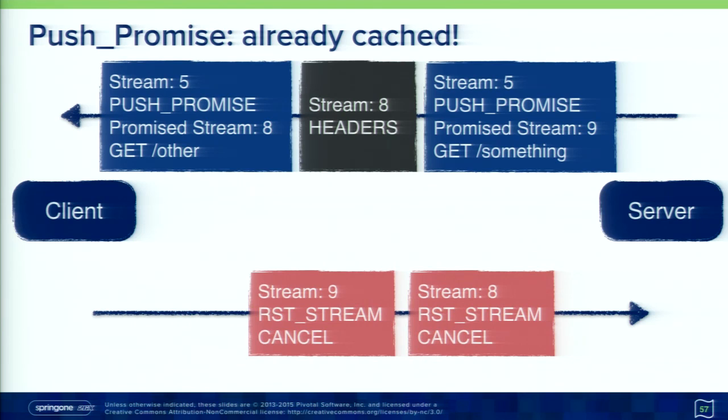And when the client receives that, the only thing the client can do is send a reset stream frame saying, no, don't send this, I already have it, or I don't need this. That may seem okay, but now think about it if you're sending tens and tens of resources whenever you're loading a page. It's not really efficient, using your link just to send resources that are not really useful for the client, and the client has to use CPU to just say, no, no, no, I don't want them.